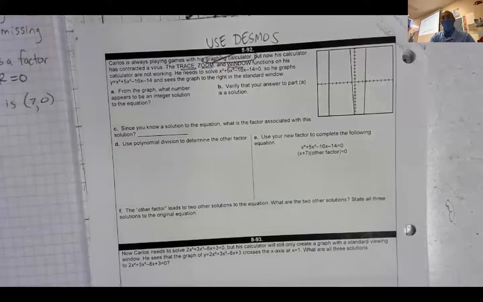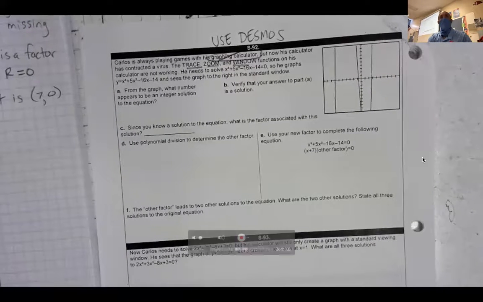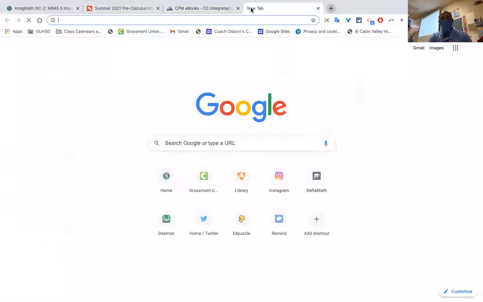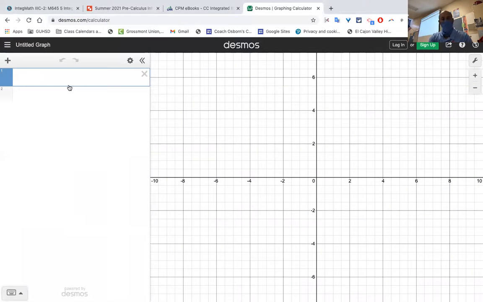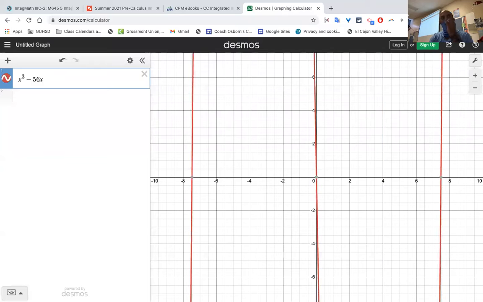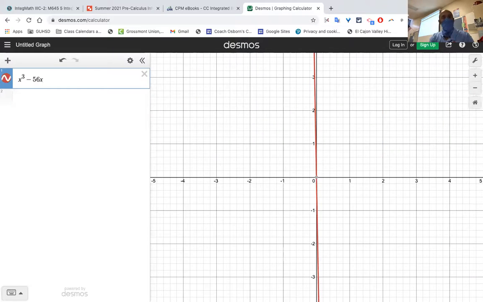So, for instance, let's graph something on Desmos. Let's say x cubed minus, actually, let's look at the last one we just did. So x cubed minus 56x plus 49.